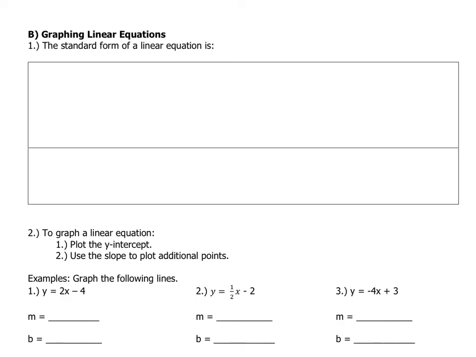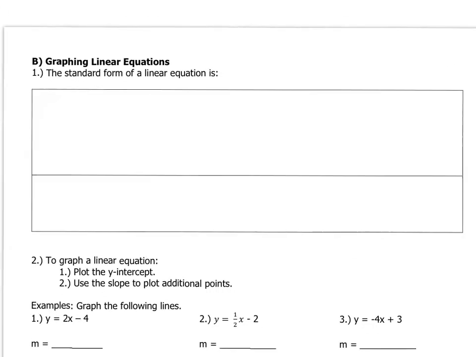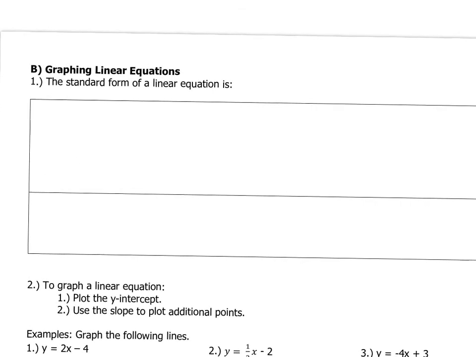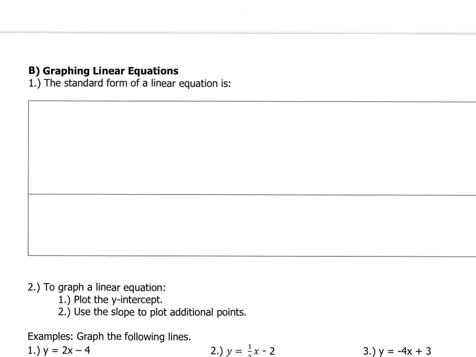The next thing that we are going to review is how to graph a line or a linear equation. There is one typo on here. I think I fixed it on your paper, but it's not fixed on mine. This should say the slope-intercept form of a line is y equals mx plus b.